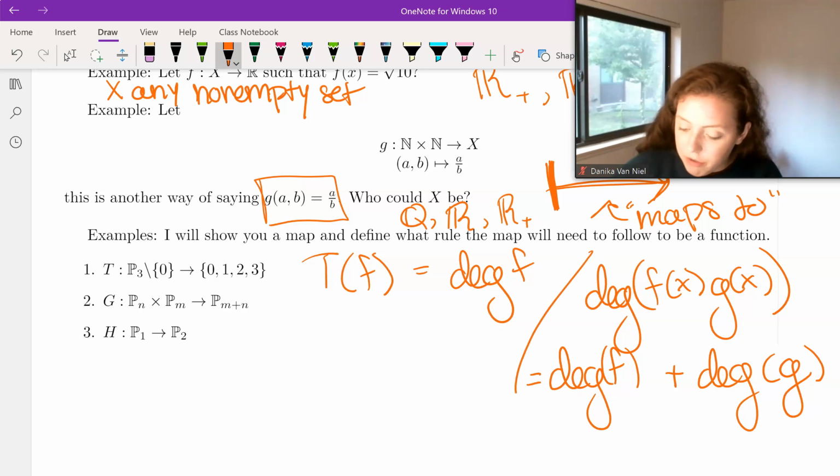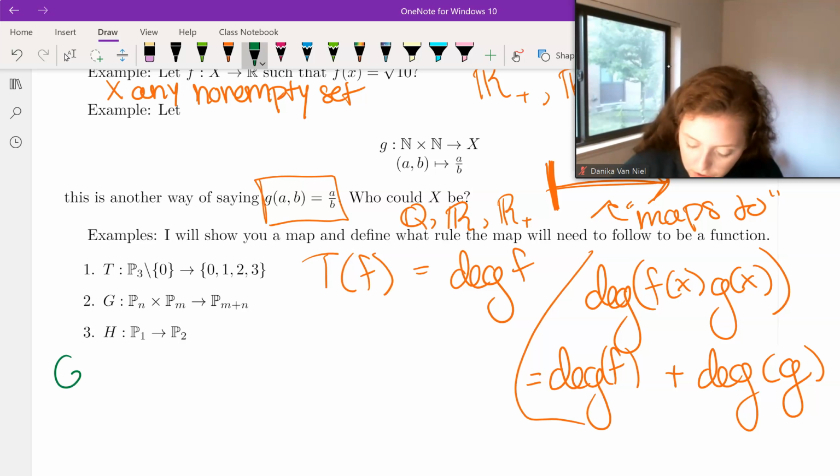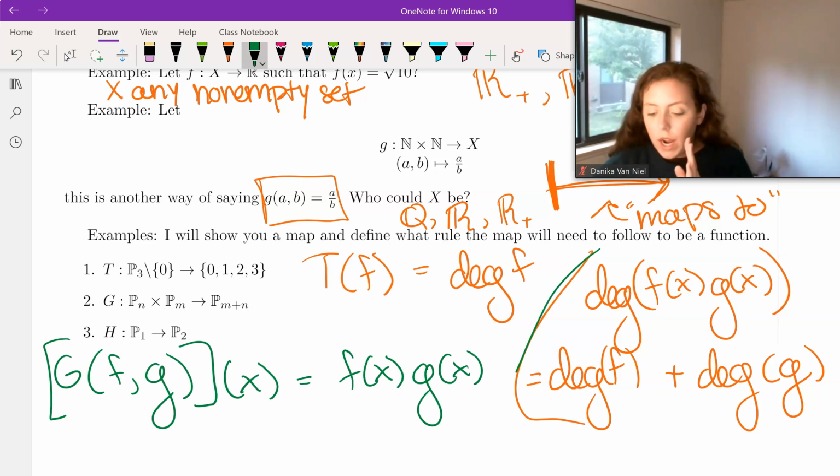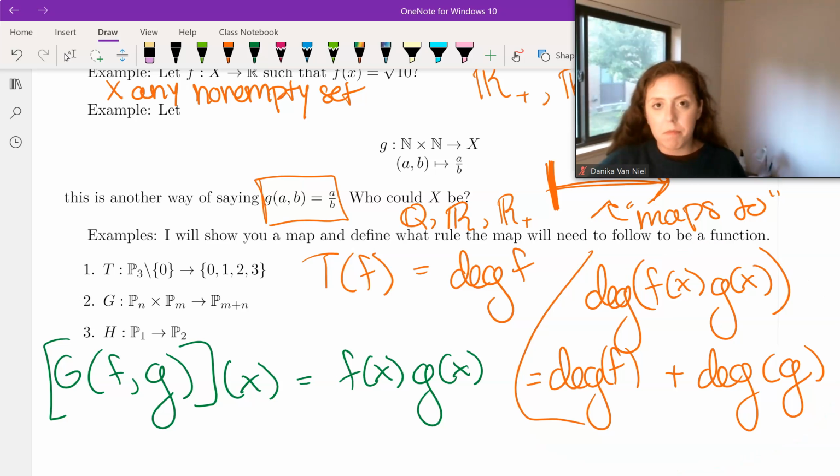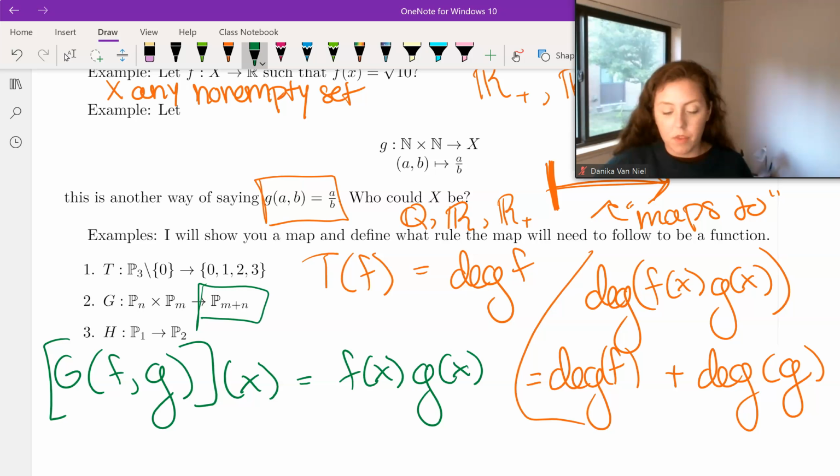How I'm going to define this map is maybe I'll write it below. So why did I talk about all this over here? I talked about all that to show you that it's okay to multiply f and g together and still end up here. Because the maximum degree that f can have is n, and the maximum degree that g can have is m.